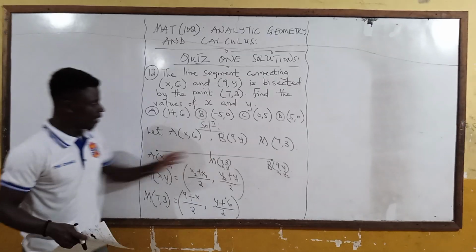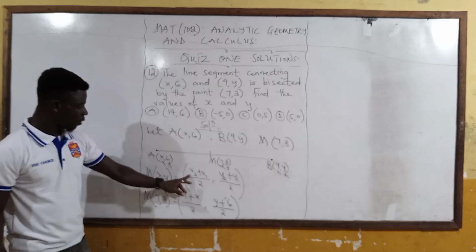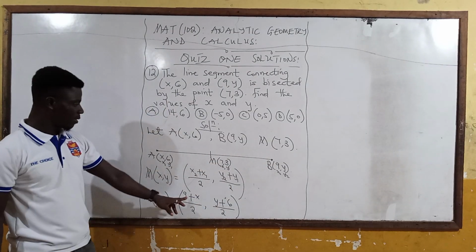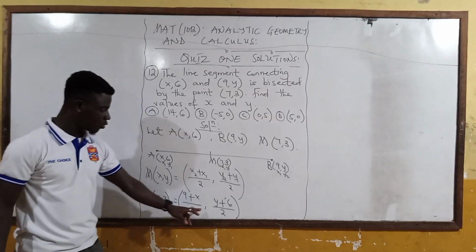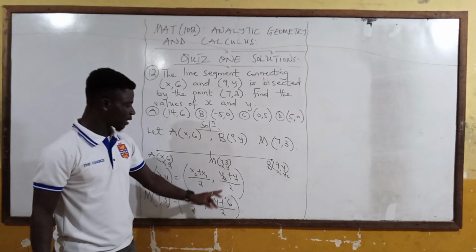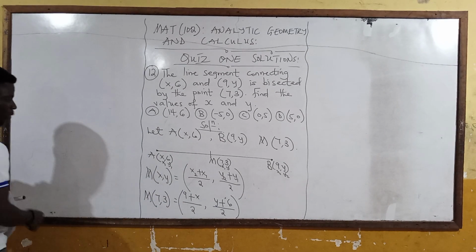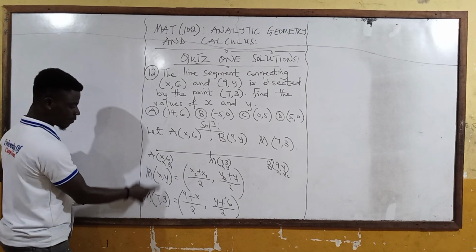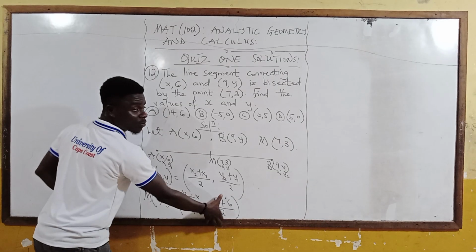Right. So we have x is 7, y is 3, x2 is 9 plus x1 is x divided by 2, then y2 is y plus y1 is 6 divided by 2. So now let's proceed. This is in coordinate form, x then y.